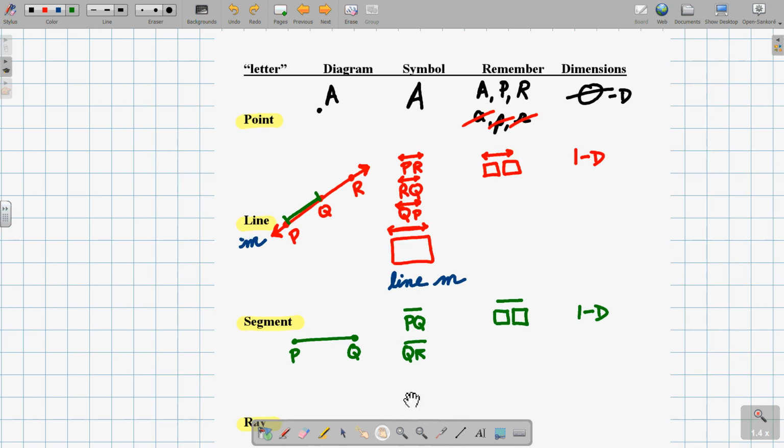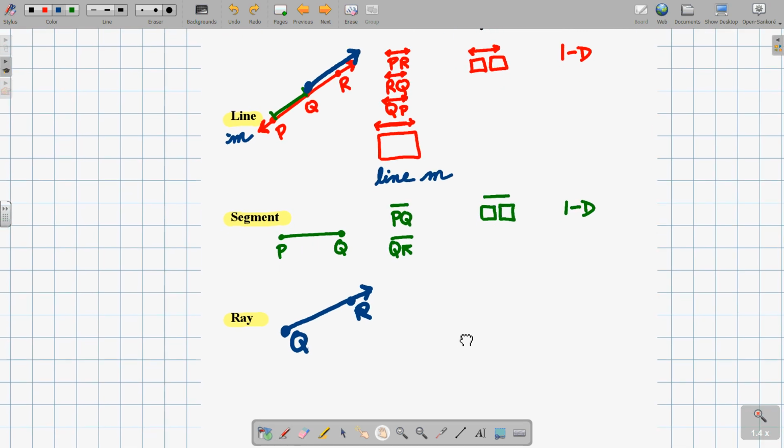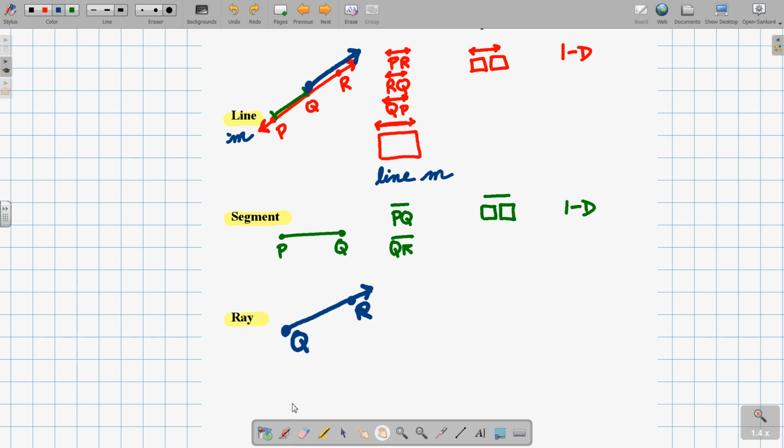Now, in a way, a ray is also a piece of a line. I could draw a ray going this way. I start at point Q and I go off this way. I could call that ray QR. Or I could go this way.